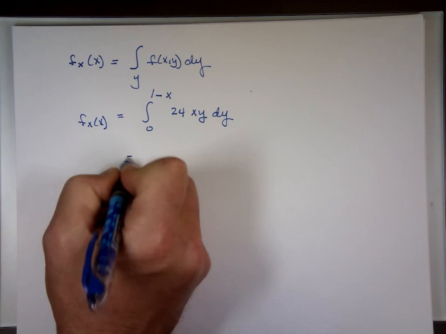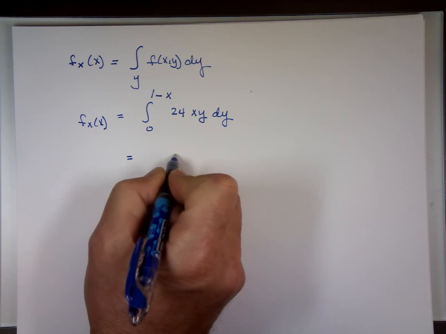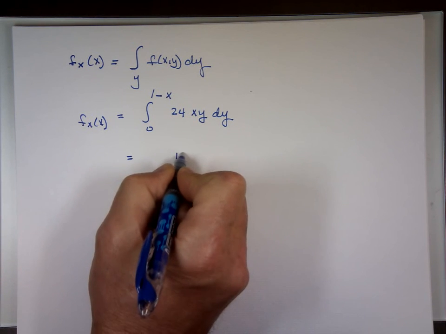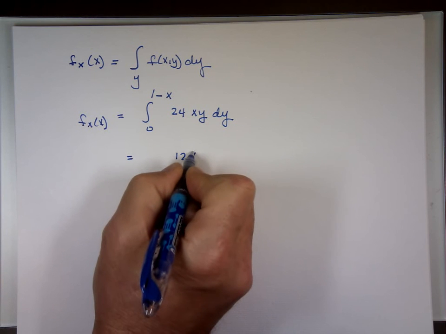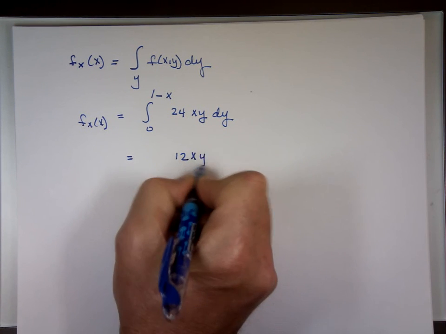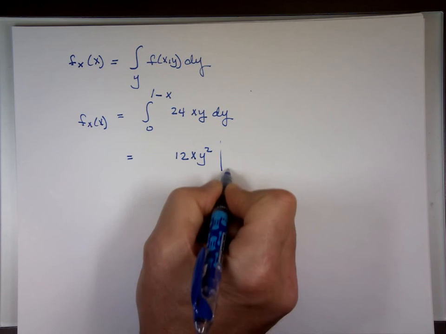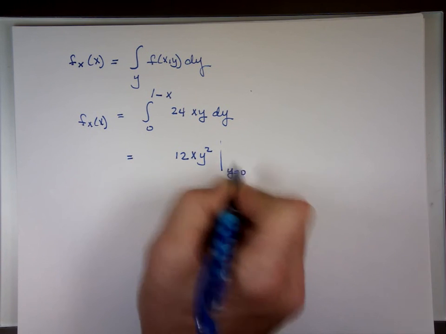And that will be 12x y squared. Y goes from 0 to y equals 1 minus x.